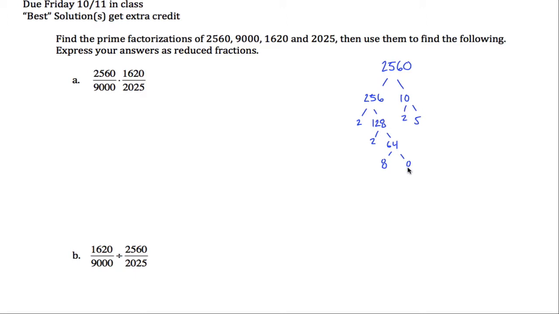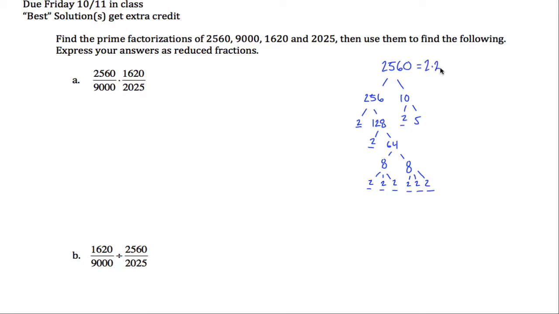64, a few ways you can get at it. It's 8 times 8 is one way. And 8s are 2 times 2 times 2. So we can come up with the prime factorization of 2560 by noticing that it's 2 times 2, one of them, two of them, 3, 4, 5, 6, 7, 8, 9.